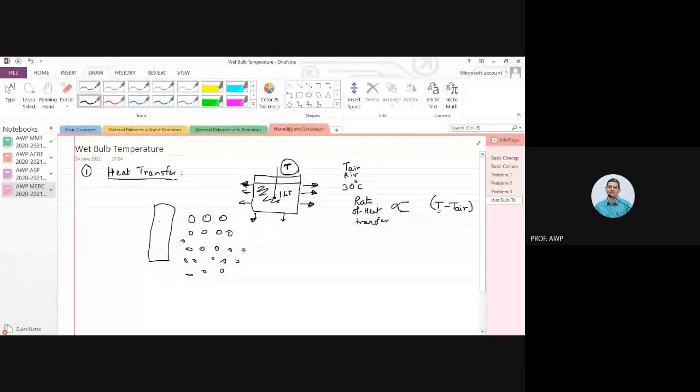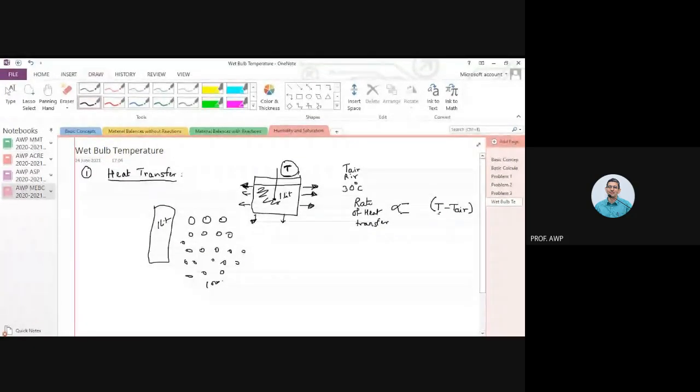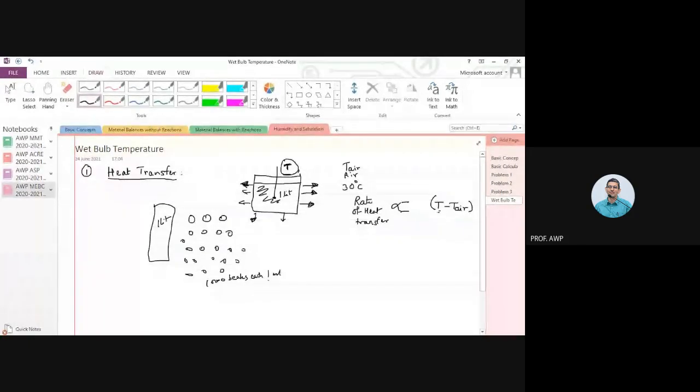I take one beaker of 1 liter capacity, or I take 1000 beakers, each of 1 ml. In which case do you think temperature will fall faster? In 1000 beakers, the second case.